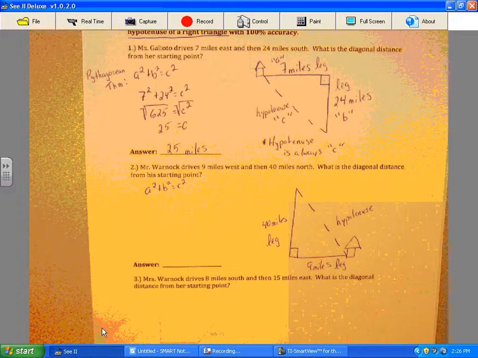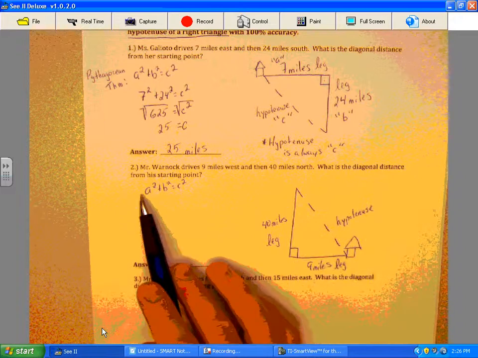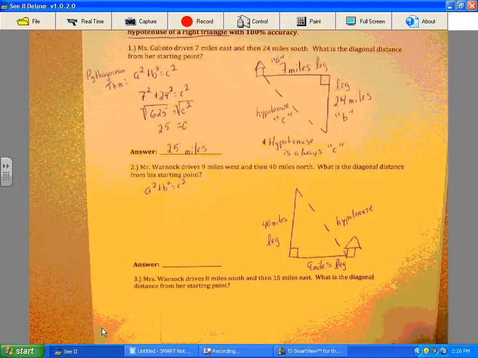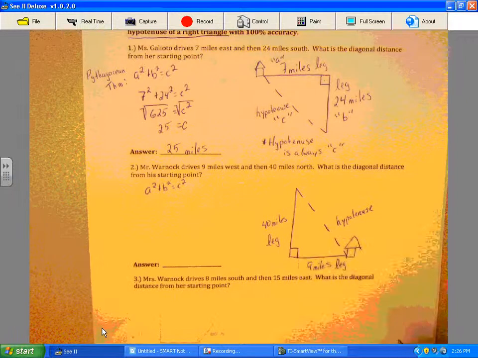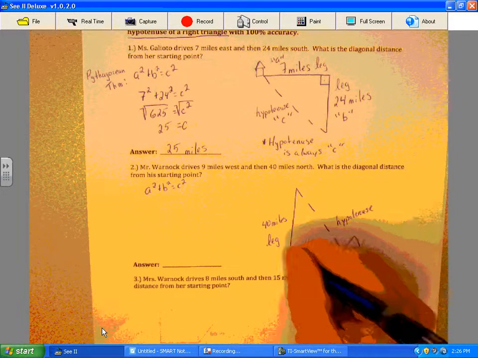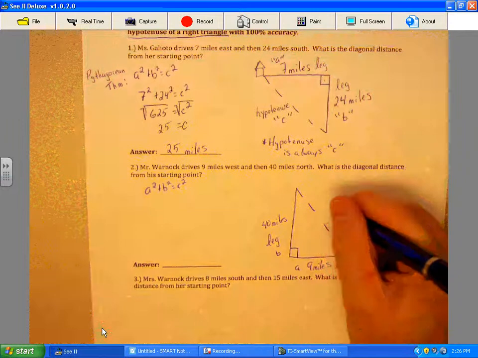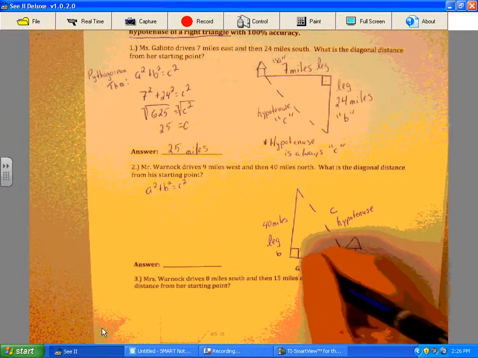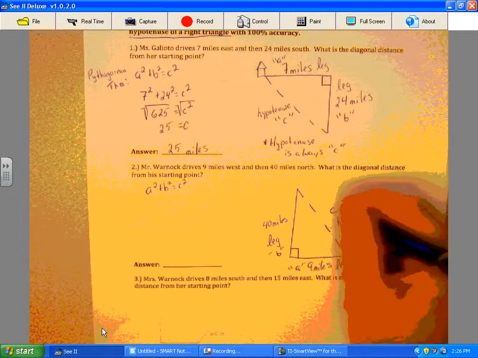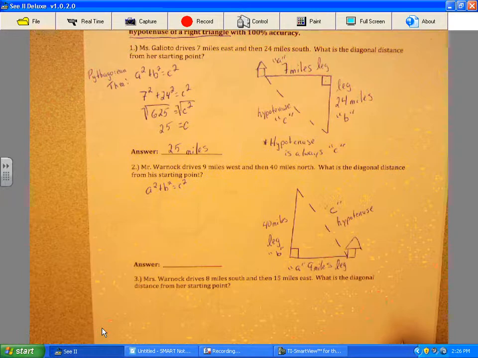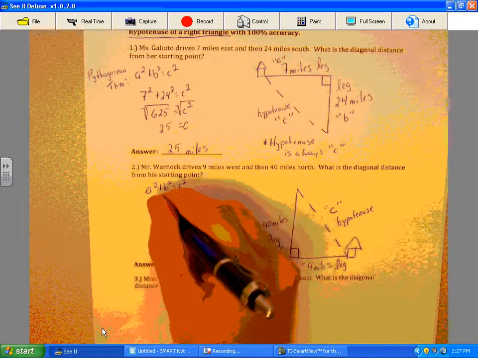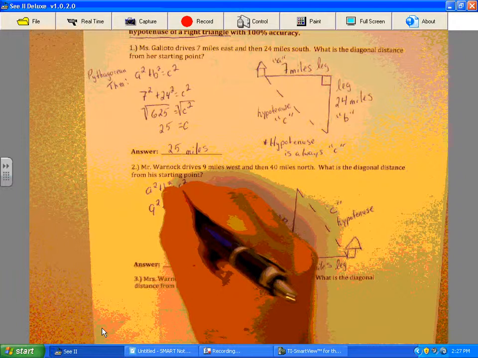And each one of these are a and b in our theorem. It doesn't matter which one you label a and which one you label b. So I'll call 9 a and 40 b. And the hypotenuse, remember, that is always c. So we'll have 9 squared plus 40 squared equals c squared.